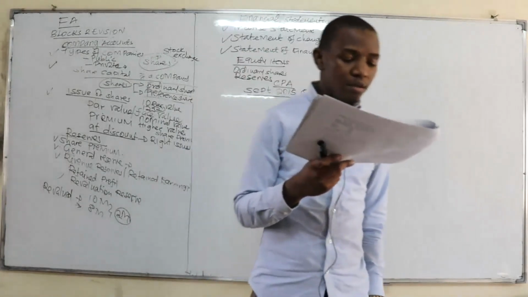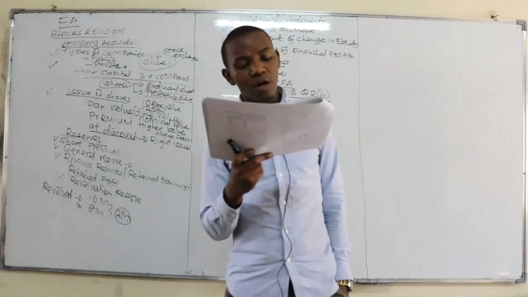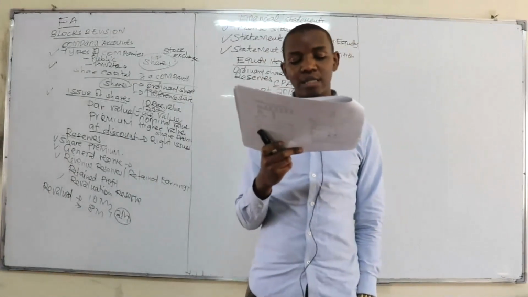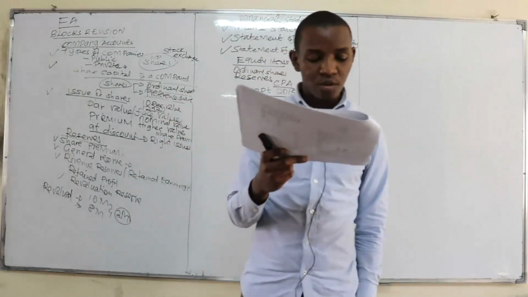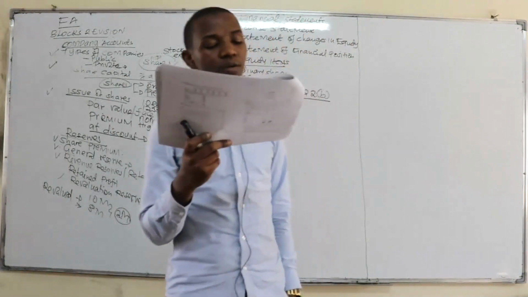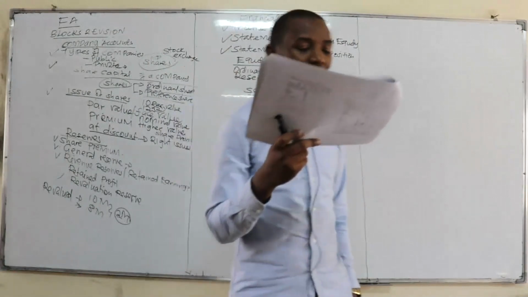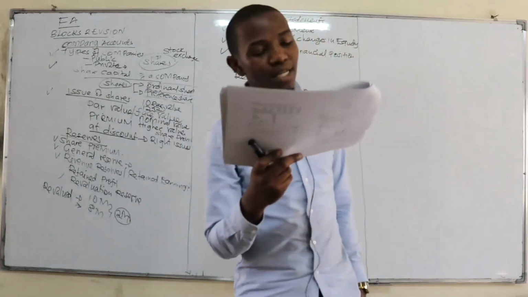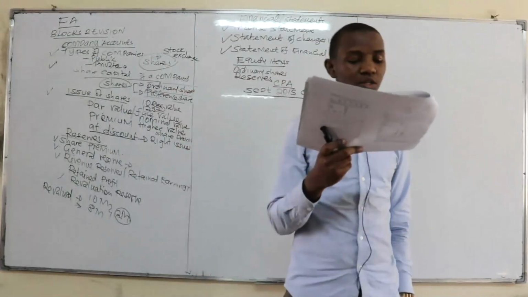Invoices received amounting to 500,000 had erroneously been treated as invoices issued. Depreciation is to be provided as follows. We have the assets and we have the rate per annum. Furnitures and fittings we've been given as 10%, reducing balance basis.